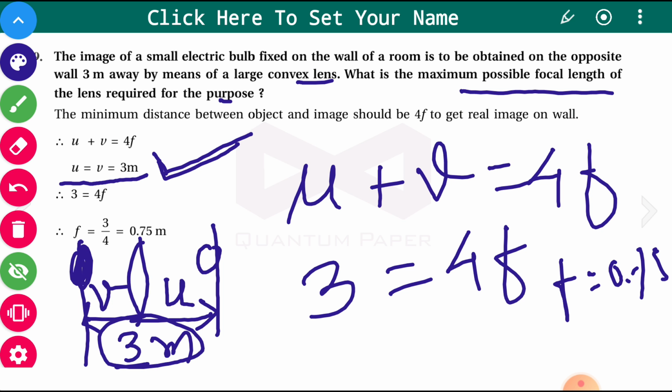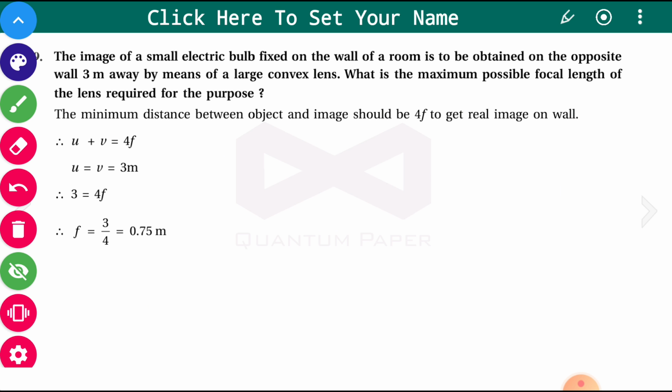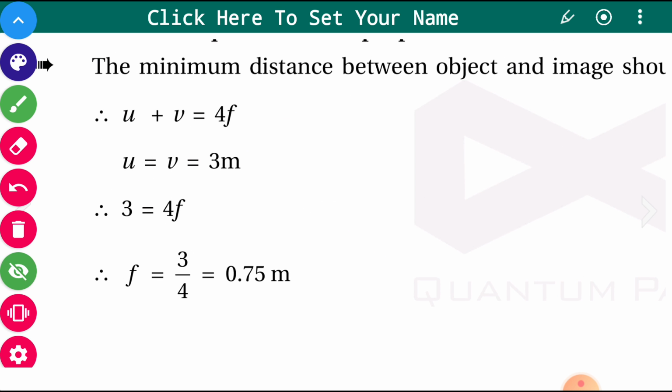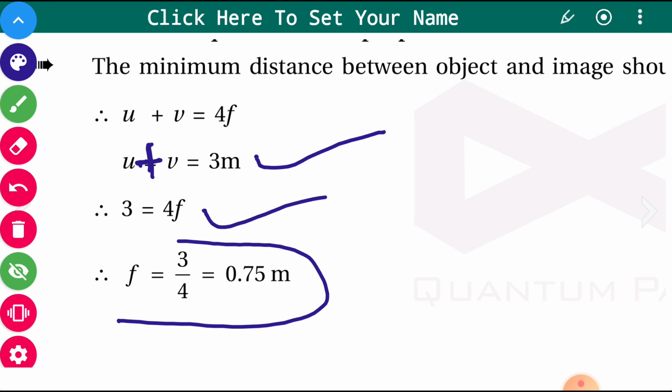As you know, u plus v is equal to 4f, and u plus v will be 3 meter, so 3 is equal to 4f, so f will be equal to 0.75 meter.